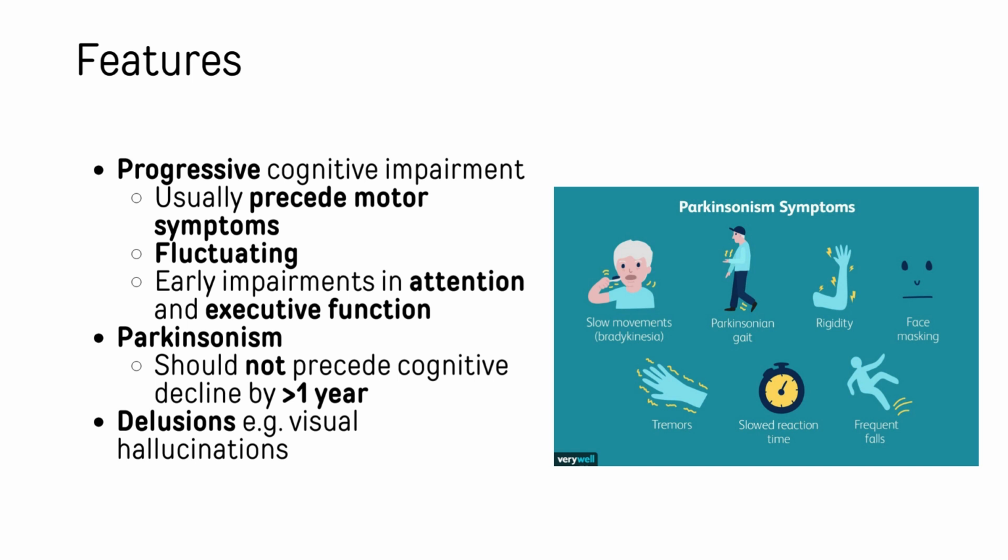It's quite fluctuating, so an on and off kind of presentation of the symptoms, and there may be an early impairment in attention and executive function, for example, problems with multitasking, and also Parkinsonism. So look out for symptoms such as a wide-step shuffling gait, cogwheel rigidity, bradykinesia, tremors, and falls, and all of this happening in a fluctuating on and off manner.